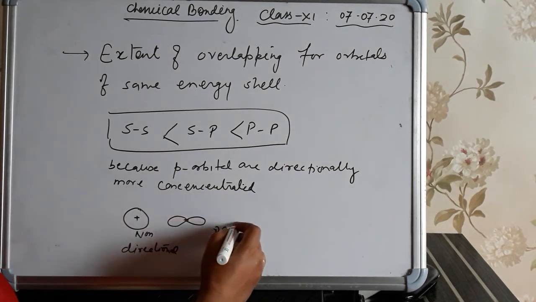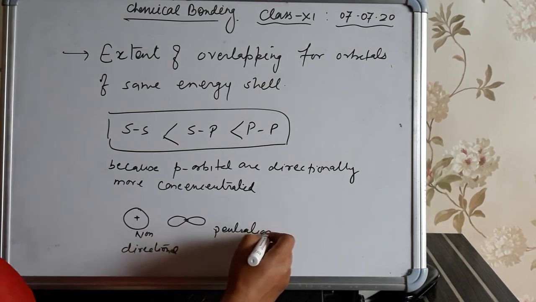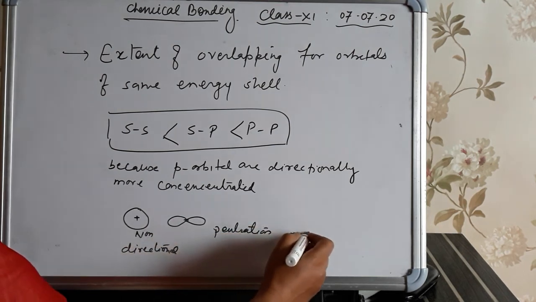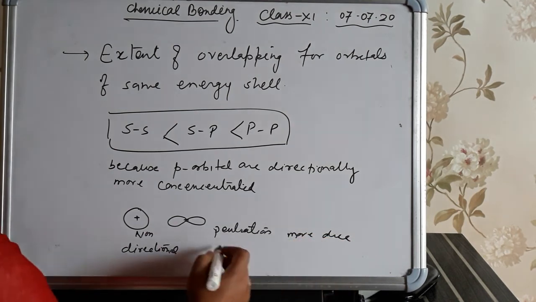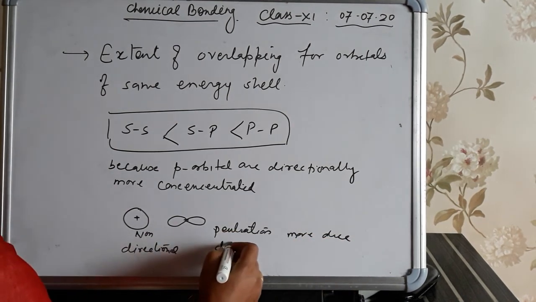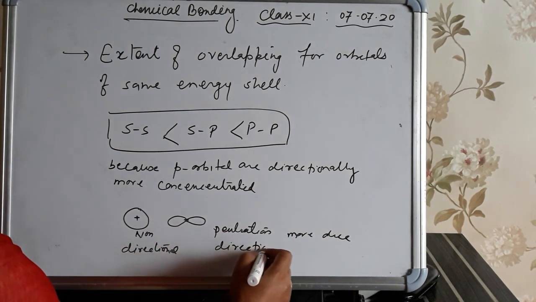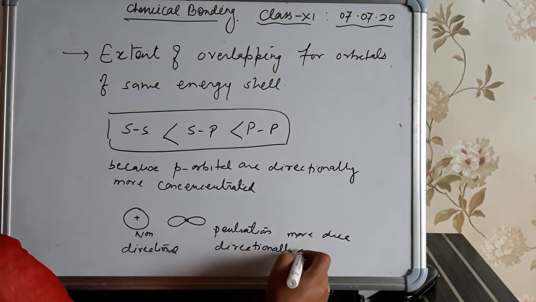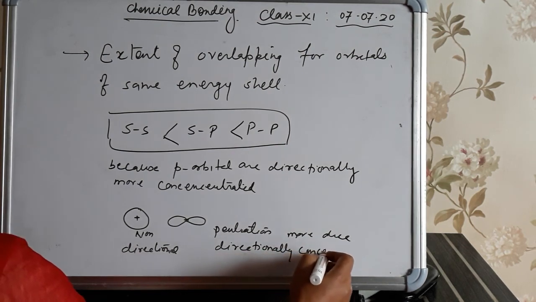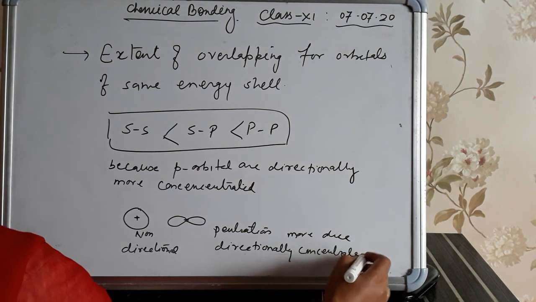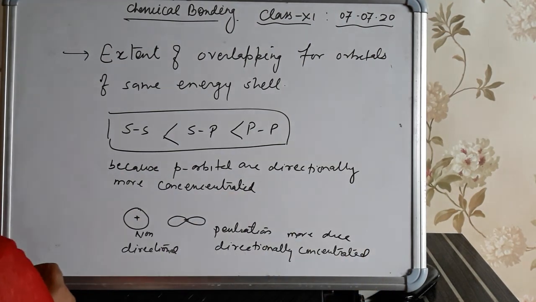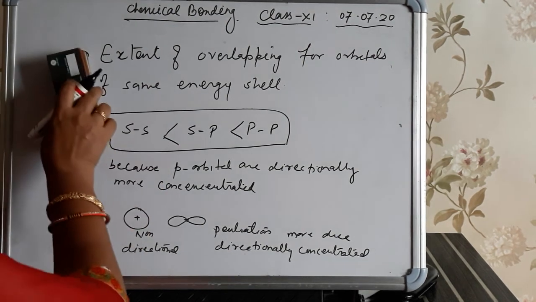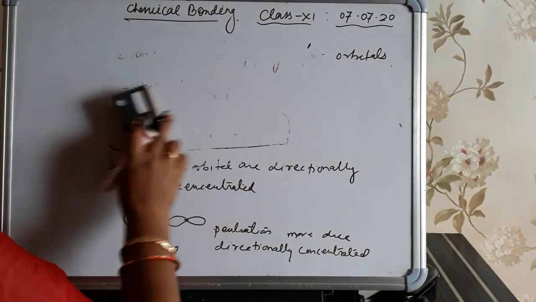So penetration is more due to being directionally concentrated. So students, lower energy orbitals produce more effective overlapping.